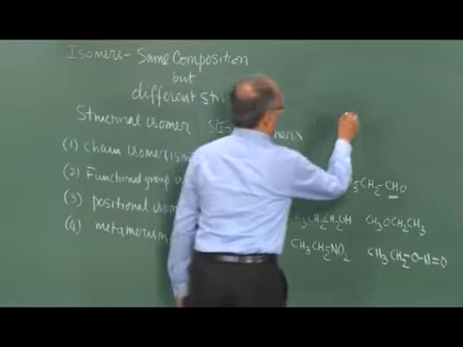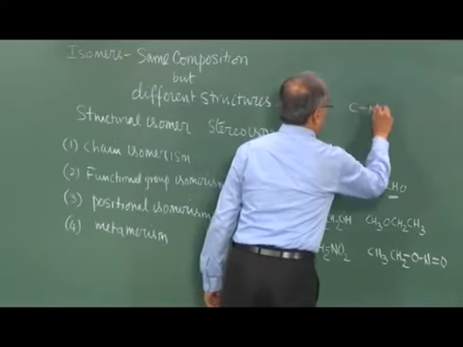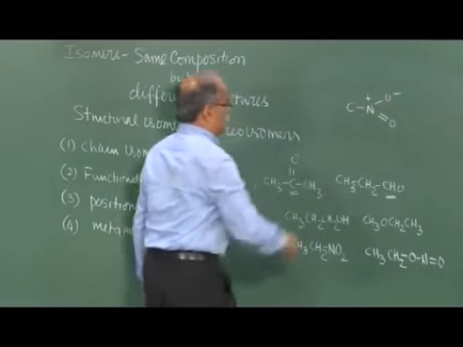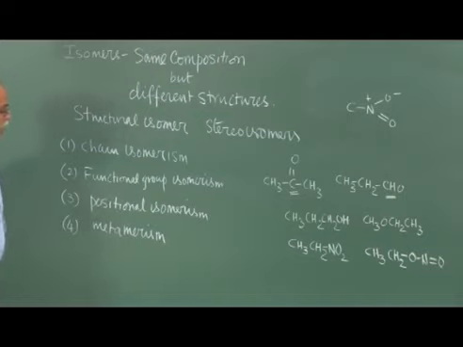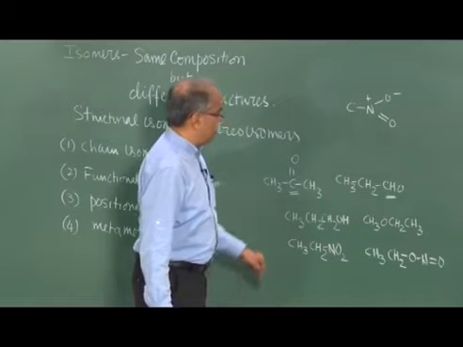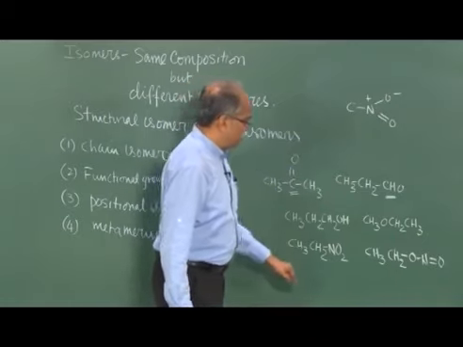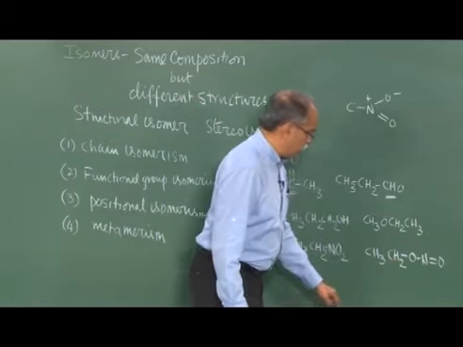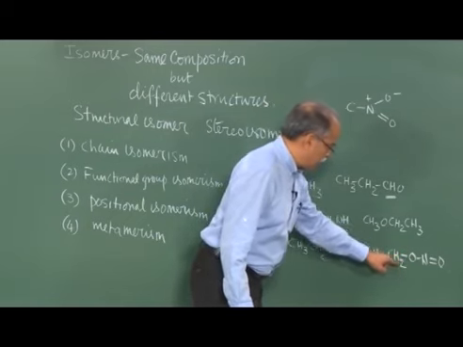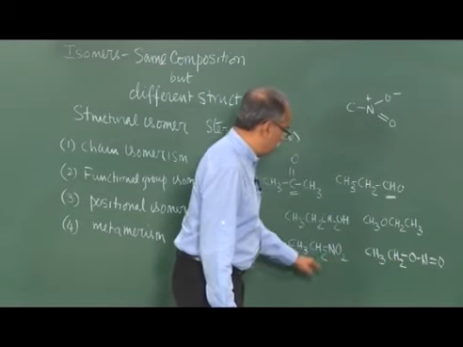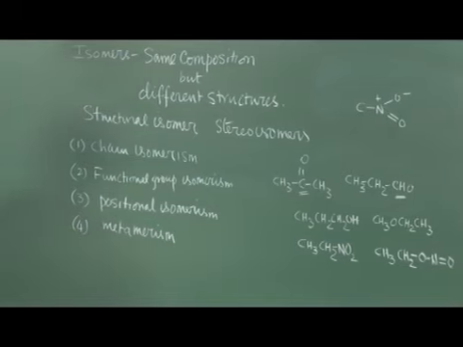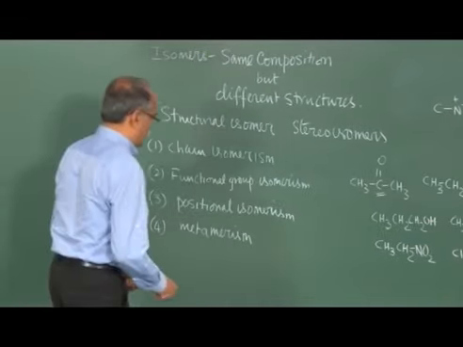In the other, the connectivity between carbon and oxygen is present, so this is a nitrite compound. The functional group is connected through oxygen here, whereas it is connected through the nitrogen there. So, such isomers are called functional group isomers.